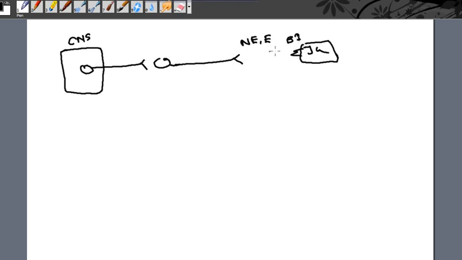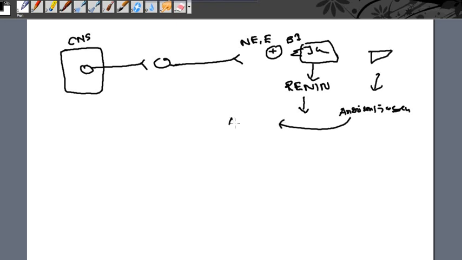When the beta 1 receptor is stimulated, the JG cell will release renin, and renin will convert angiotensinogen, which comes from the liver, into angiotensin 1, right?